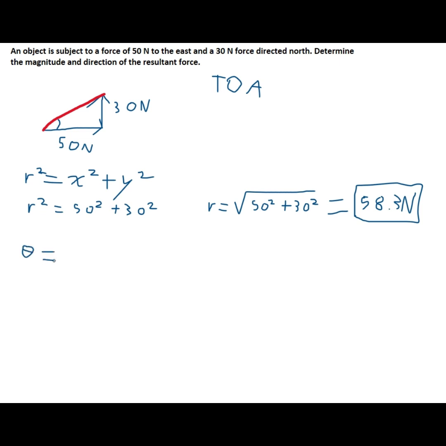So the angle will be equal to the inverse tangent of 30 divided by 50, and this will give us the angle of 31 degrees. As we see from the diagram, this will be 31 degrees north of east.